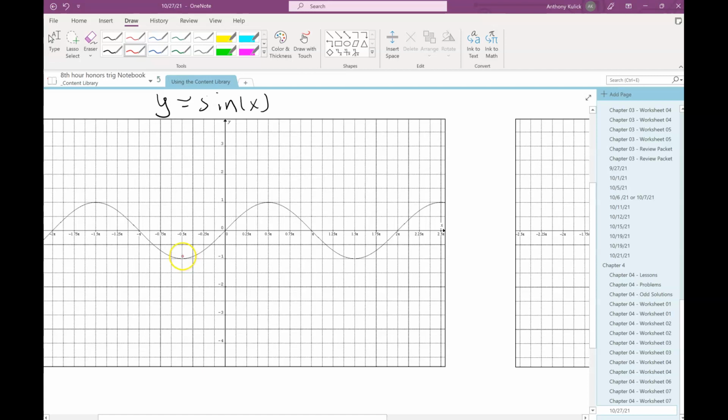It doesn't really matter which two we use, but by convention we usually go from negative pi over 2 to positive pi over 2. So if we do that, we get this graph.